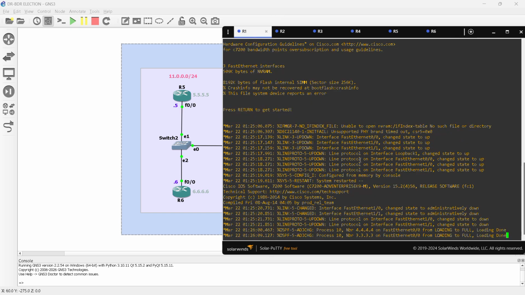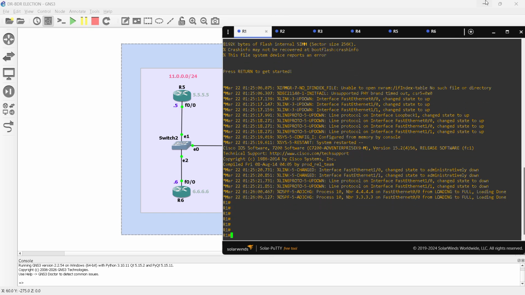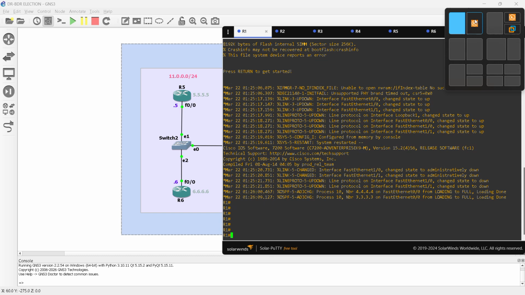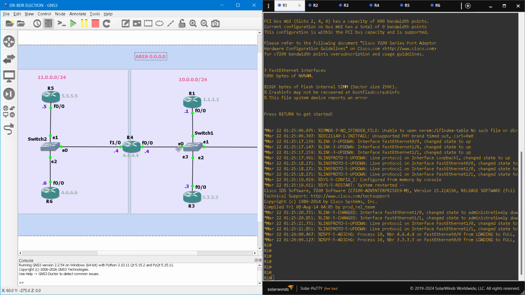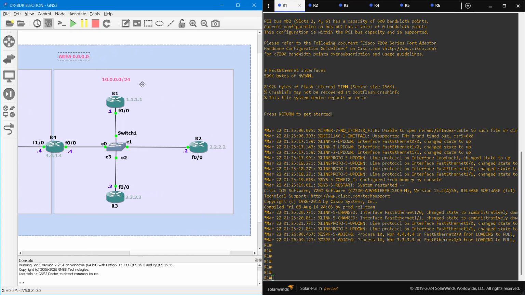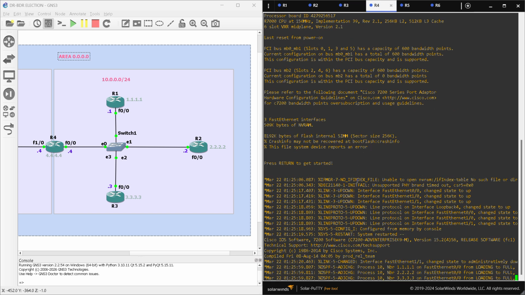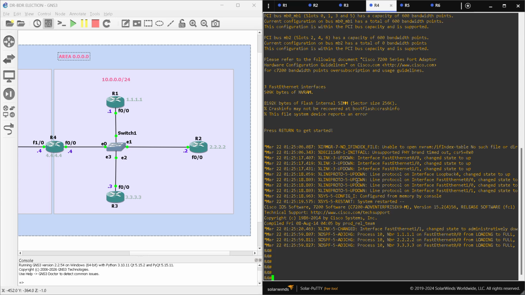Okay, let me split it. We are looking at this segment for now. So in R1, let's suppose R4, as R4 is the designated router, we'll see show ip ospf interface brief.